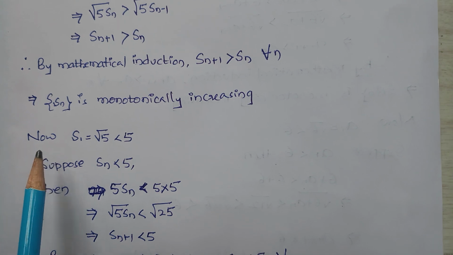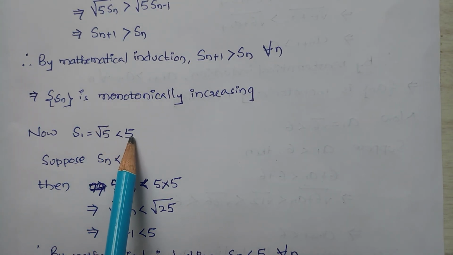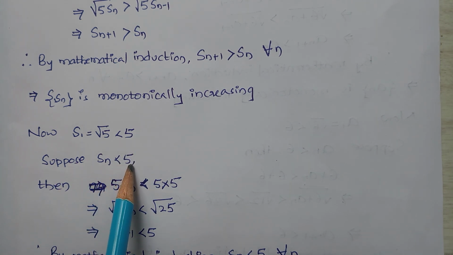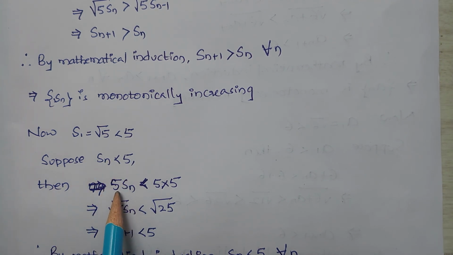Now again I am taking S1 equal to root phi. Obviously root phi is less than phi. Suppose Sn is less than phi. If I multiply by phi, phi Sn is less than phi into phi.